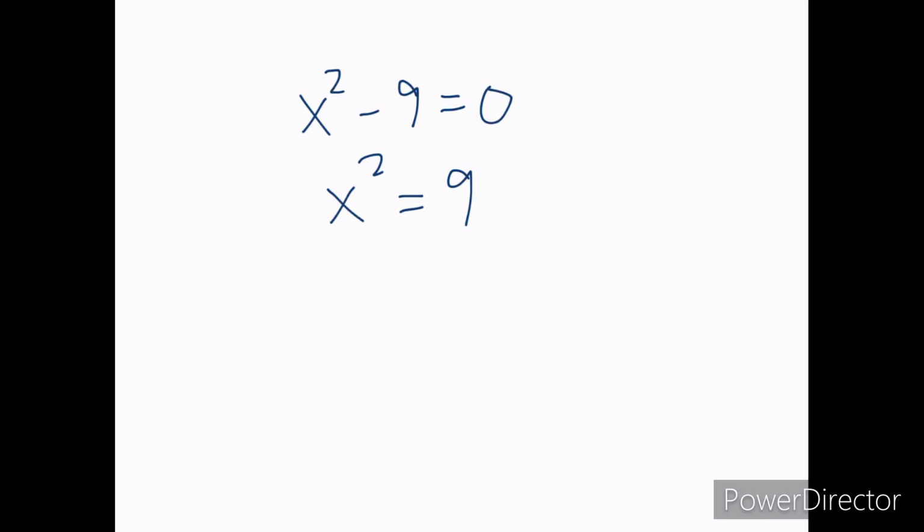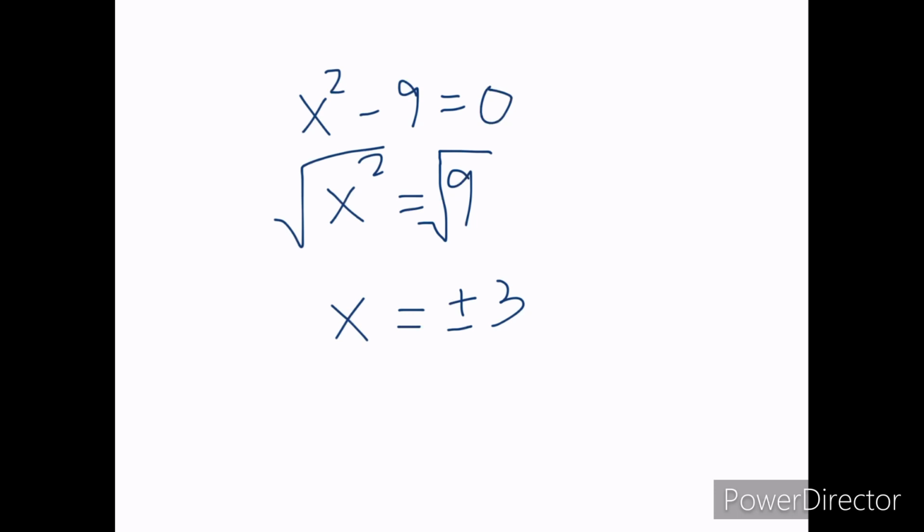Then, step 4. Simplify the resulting equation to solve for the variable. So the square root of x squared is x, is equal to the square root of 9, which is positive negative 3. Therefore, the solution to x squared minus 9 is equal to 0 is 3 or negative 3.